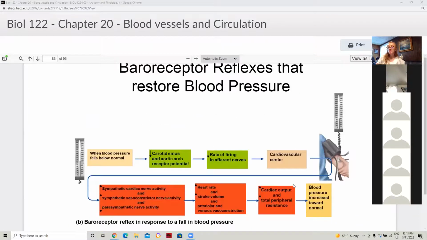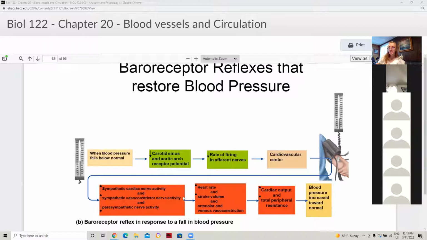So baroreflexes are going to restore. When the blood pressure falls below normal, the carotid sinus sensors, the baroreceptors, stop firing. They go down significantly, and the result is that we get less firing of the nerves associated with those receptors, and less firing of the cardiovascular center.